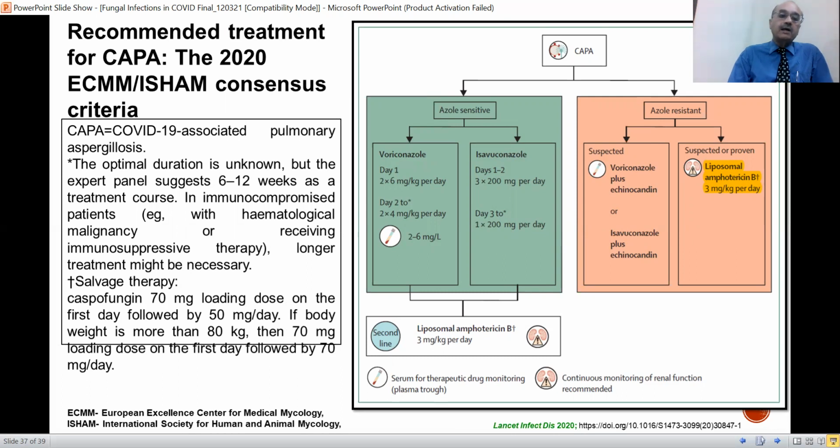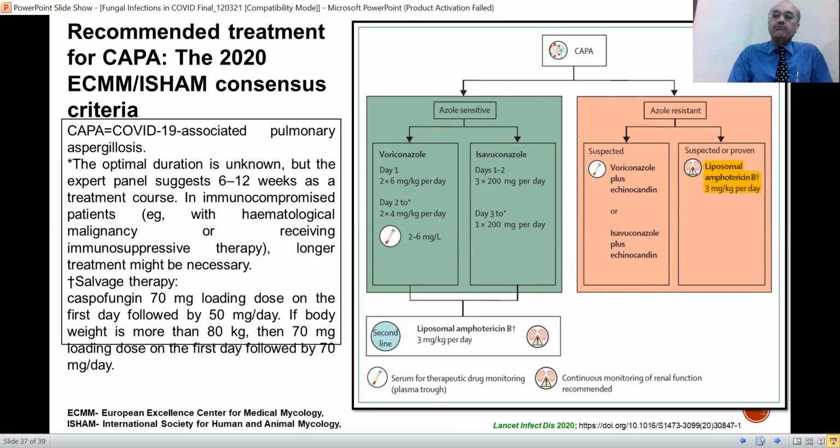In patients who have azole resistance or are likely to have azole resistance, the salvage therapy is amphotericin B in the dose of 3 milligram per kilogram body weight, but then you have to monitor the renal parameters regularly.